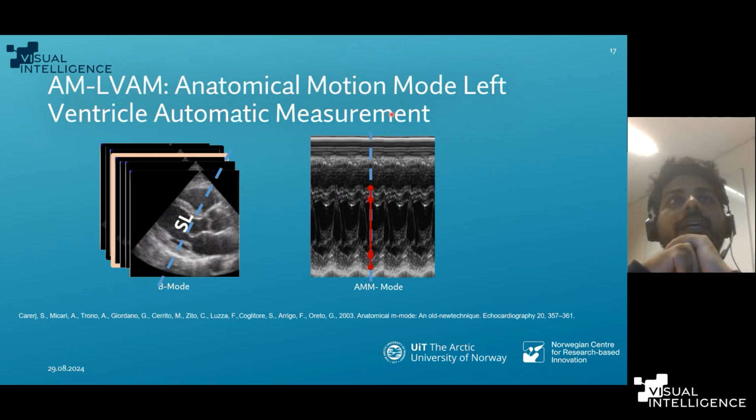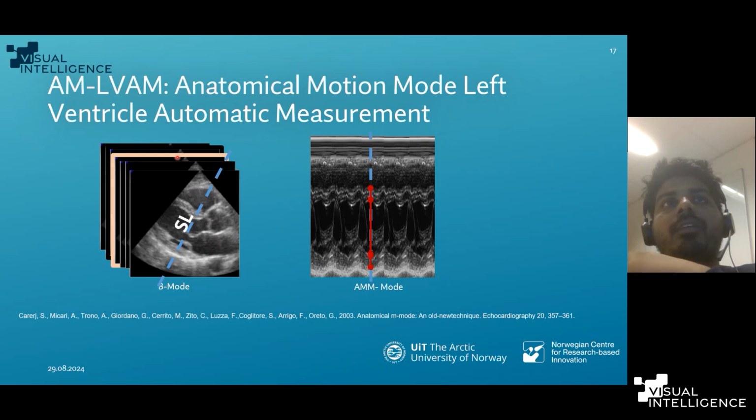So now I will show an idea called anatomical motion mode based left ventricle automatic measurement. Anatomical motion mode is basically a computationally derived time based image where, given a scan line, we trace the left ventricle structures along the scan line.